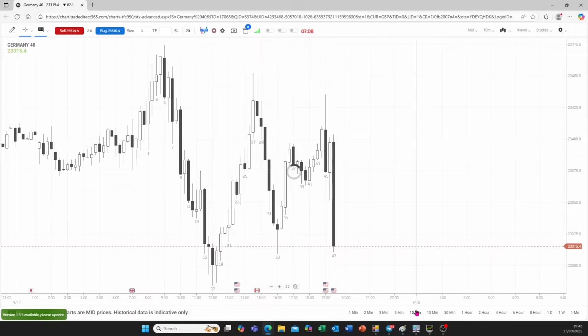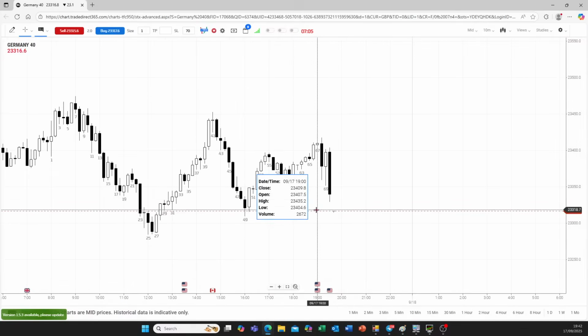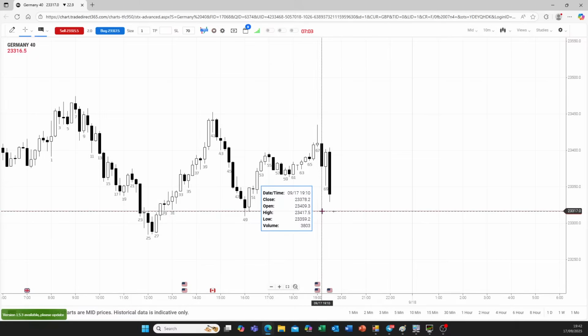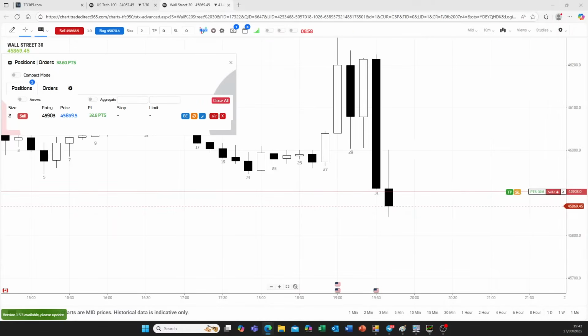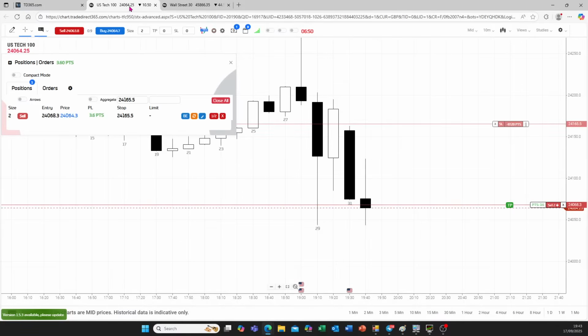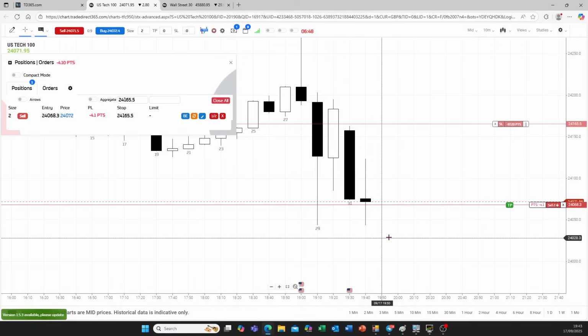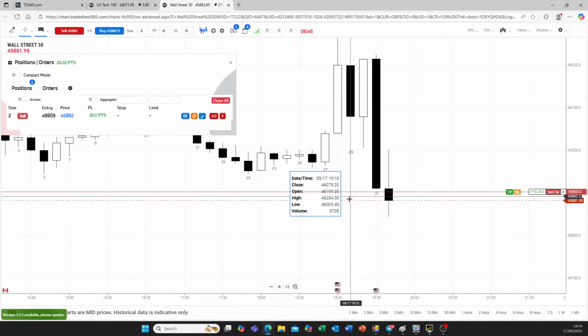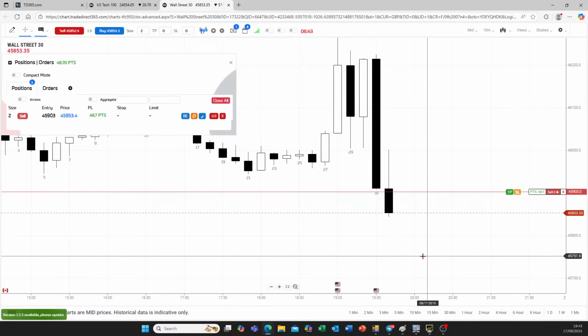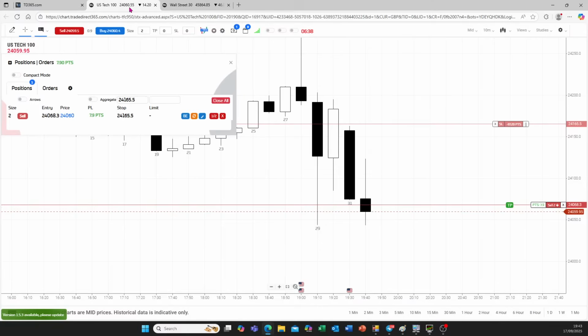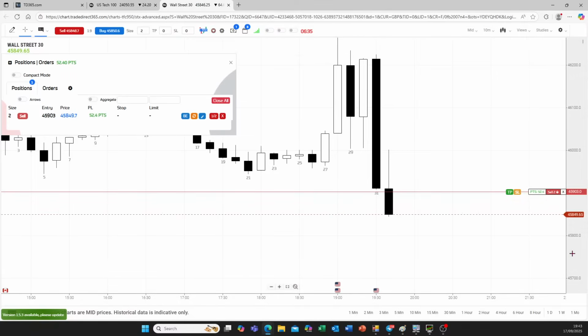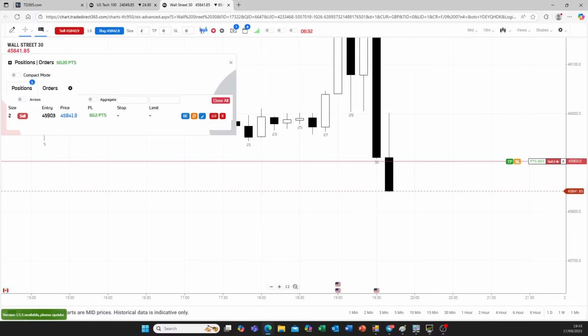You can use this in the DAX as well. So it'll be 1, 2, 3, 4, and then still short below. Nasdaq is recovering. So is the FTSE. Sorry, so is the DAX. FTSE dropping hard.